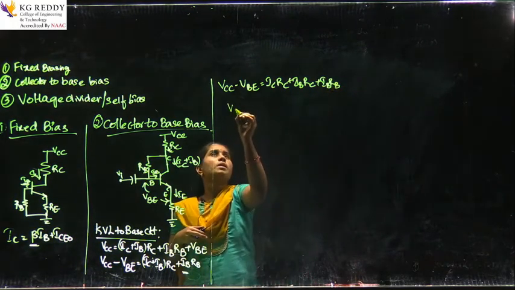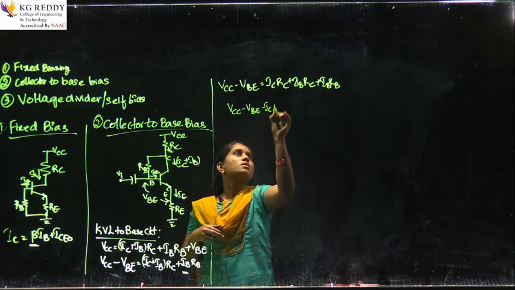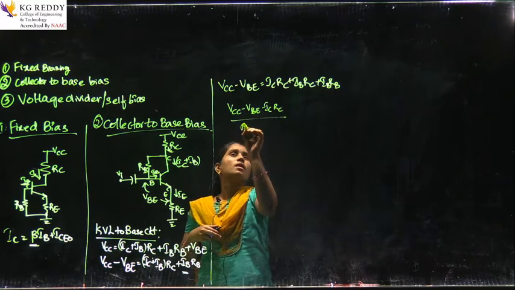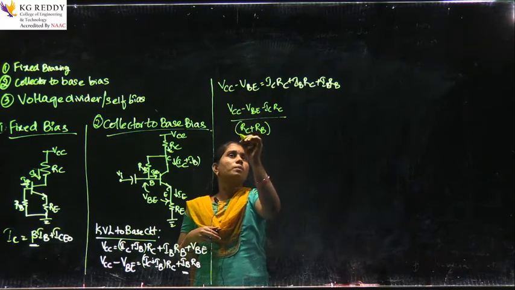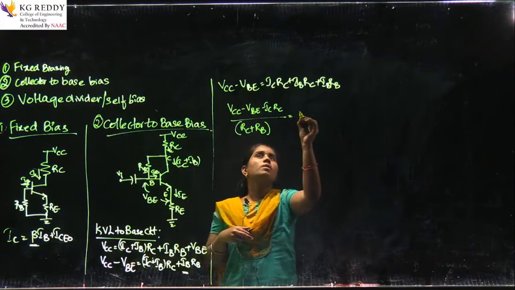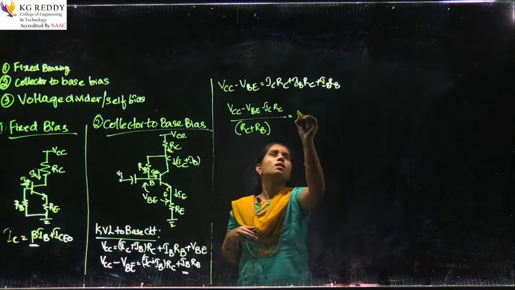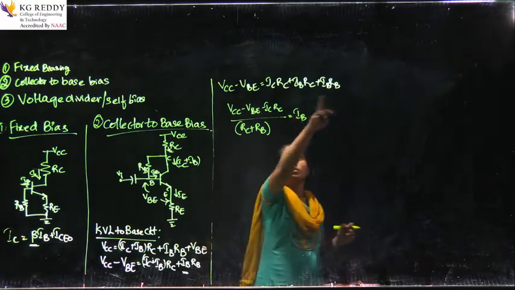Now, this will become IB equals VCC minus VBE minus IC RC, divided by RC plus RB, where I made IB common from these two resistors.